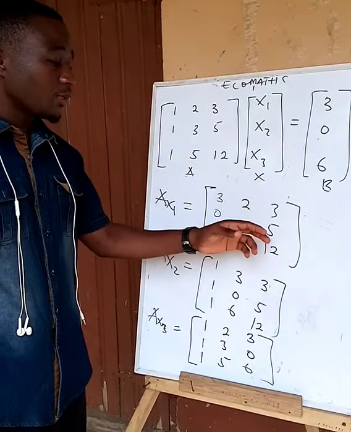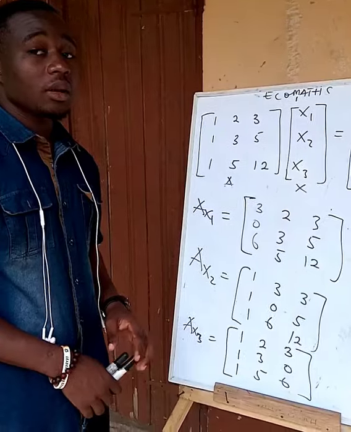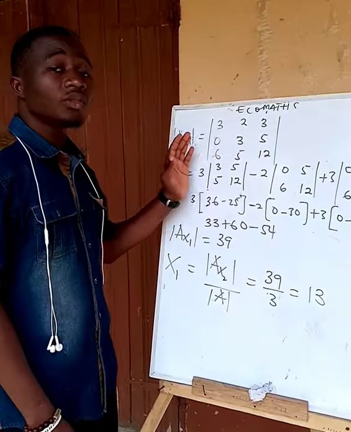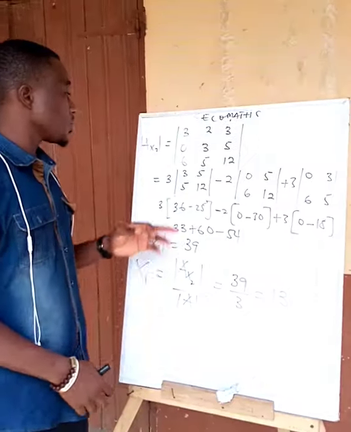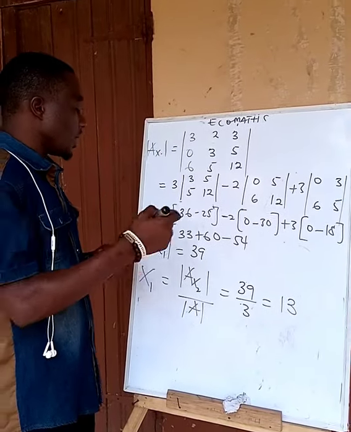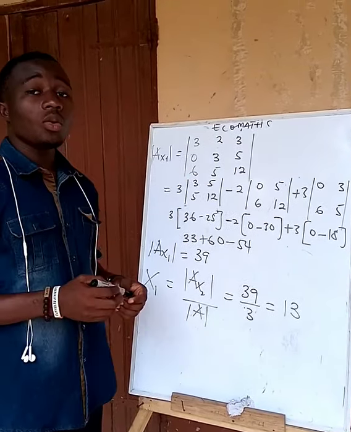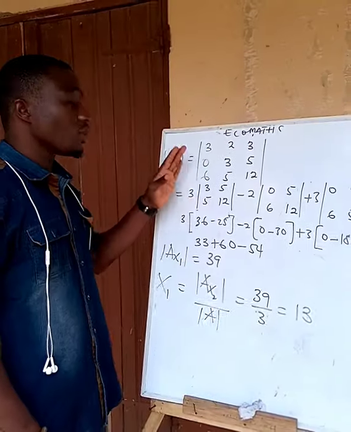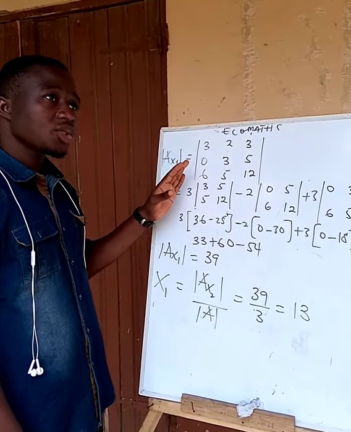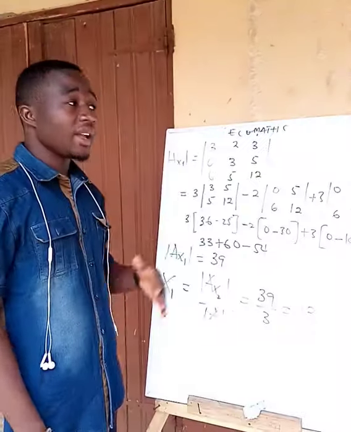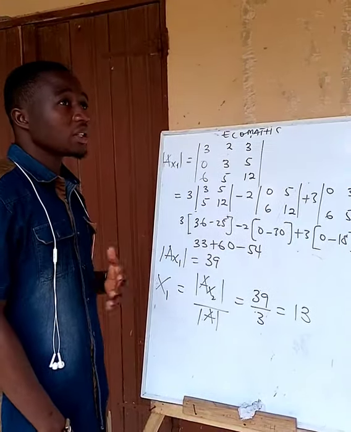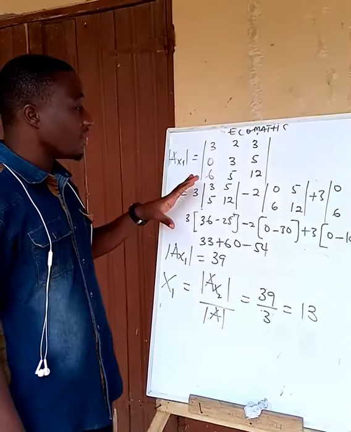So we are going to find the determinant of this particular matrix, from our A subscript x1, A subscript x2 and A subscript x3. So we need to find their determinant. I earlier said that you replace the first column by your constant matrix to get your A subscript x1. So that's what we have done here.